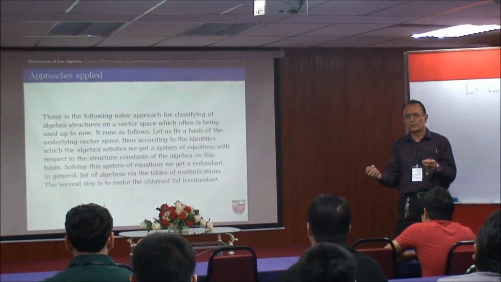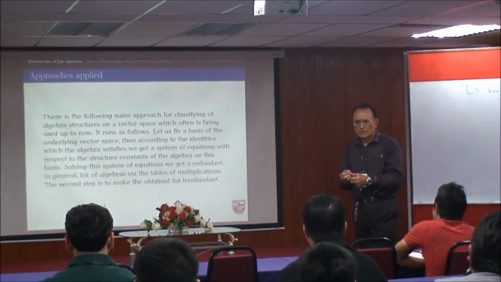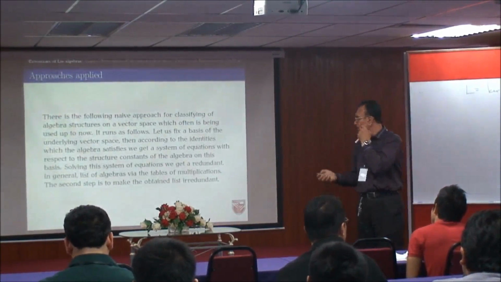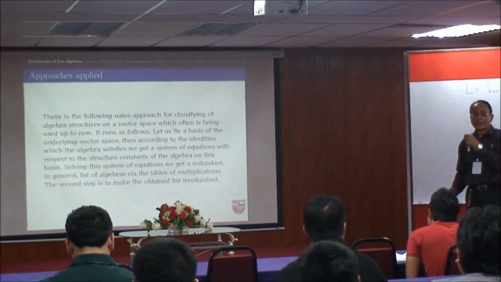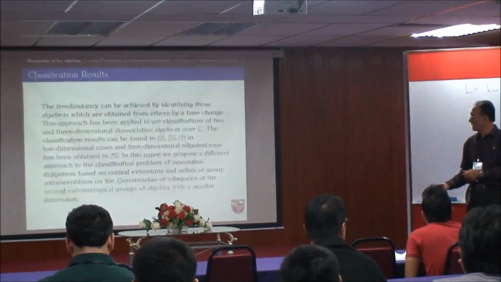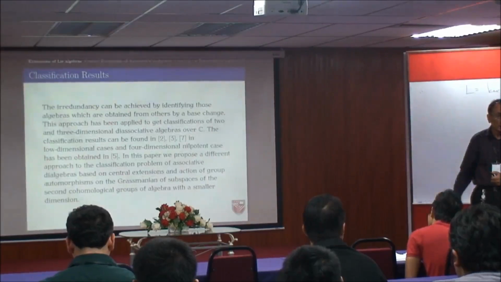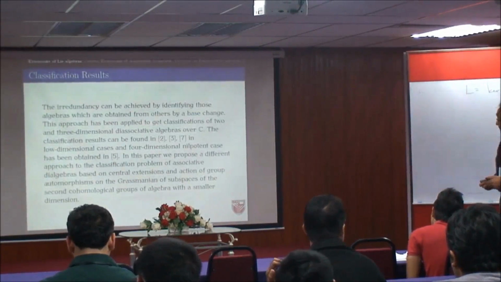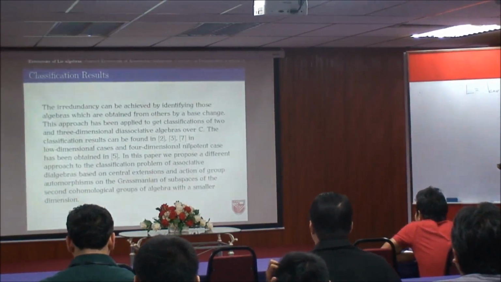Sometimes we can use computer programs, sometimes by hand, but still it's not easy. So you should create other methods to create algebras of high dimension. Extension, the central extension approach, is one such kind of approach.